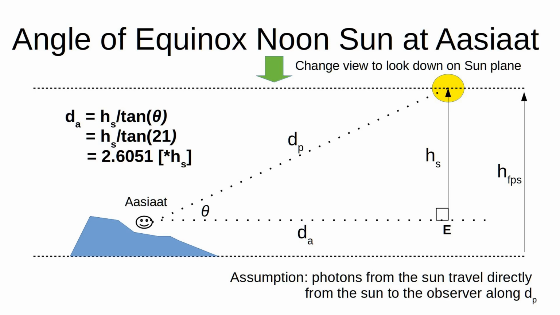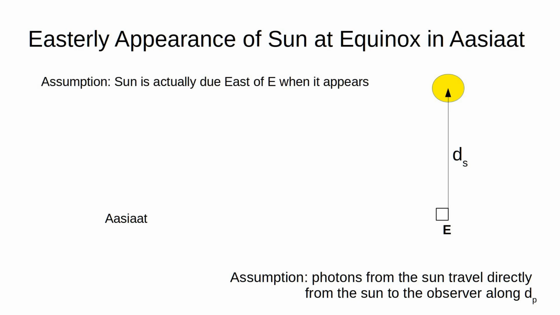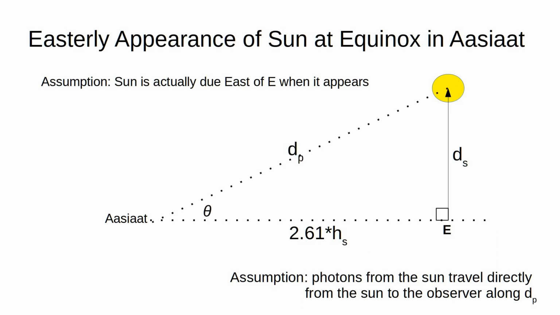Now, we're going to change our point of view of this relationship and look down on the Sun plane. In this view, we see Asiat and E, and we assume that the Sun, when it appears in the morning of the equinox, is directly due east of E. Between these 3 points, we can again construct a right-angled triangle, using dA, which we just calculated, and our assumption about the trajectory of the photons from the Sun to the observer.